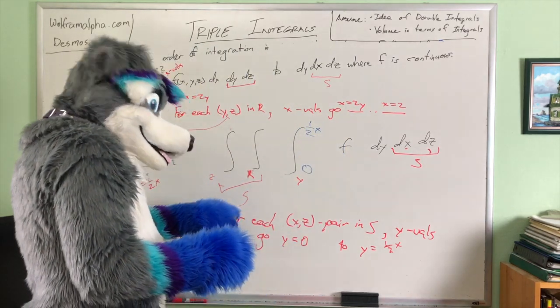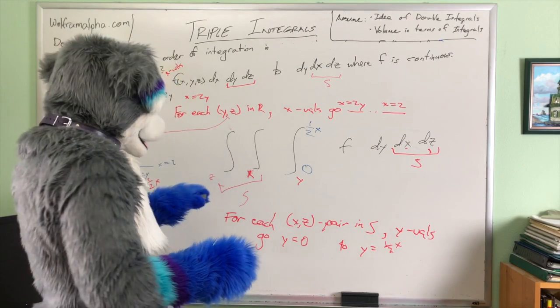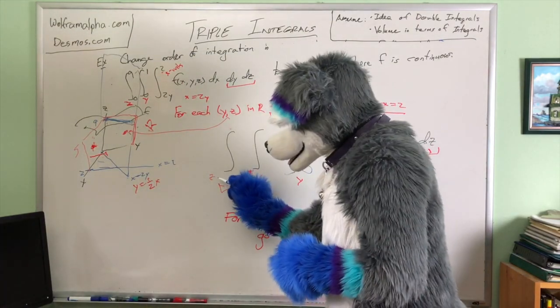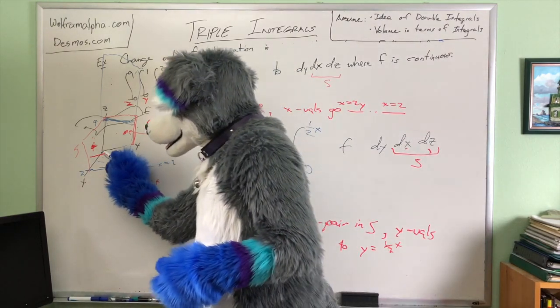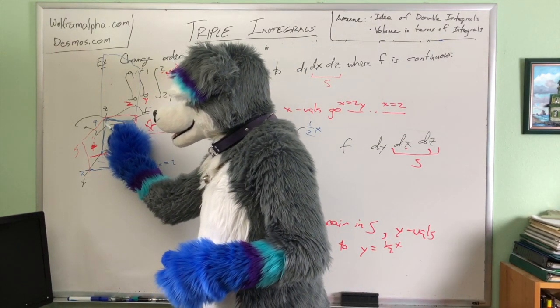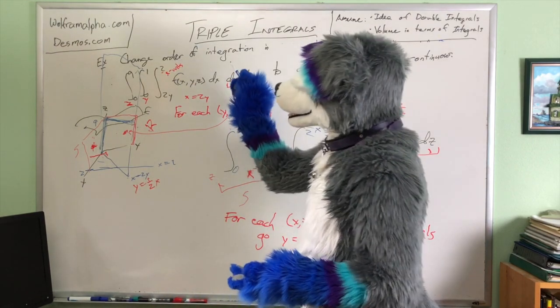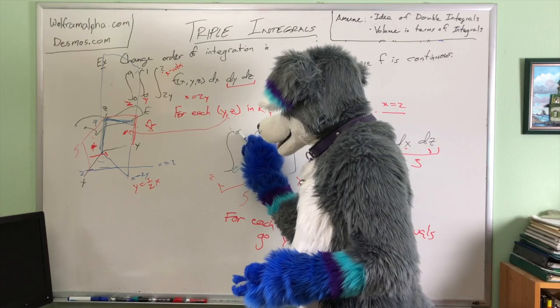Good. Now I have to describe the region S. In the same way, for each z value from 0 up to 9, so it happens to be the same numbers as we started with.